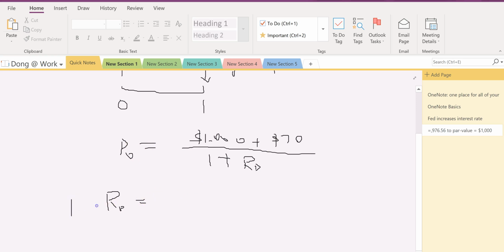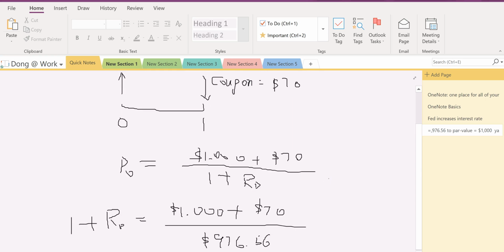Hence, we write down one more step: 1,000 plus 70 divided by P0, that's 976.5956.